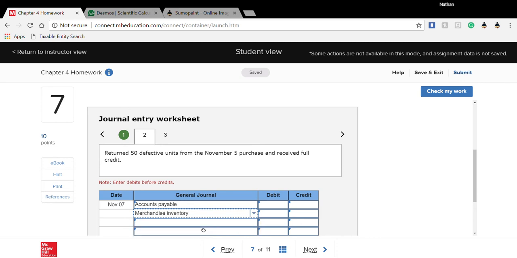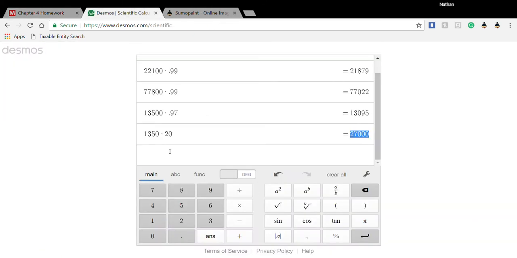Again, it was 20 bucks per unit. So on our calculator, we take 50 times 20, which means it's $1,000.